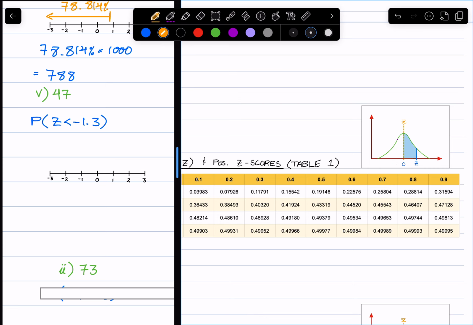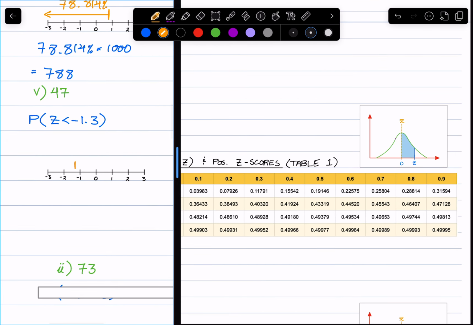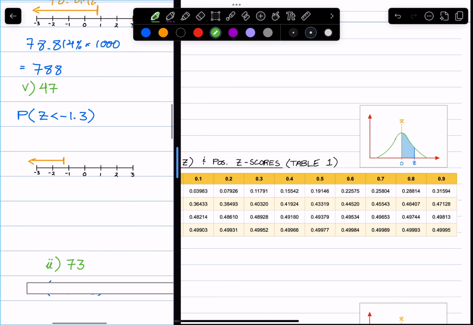So again, since we're looking for negative 1.3 here, that is equivalent to positive 1.3, which can be found as 50%, all of this, minus this portion in purple.